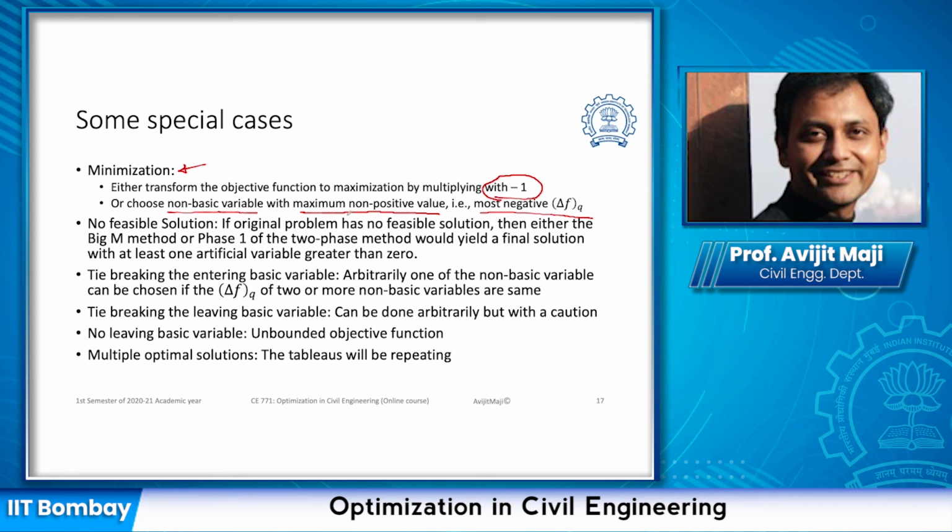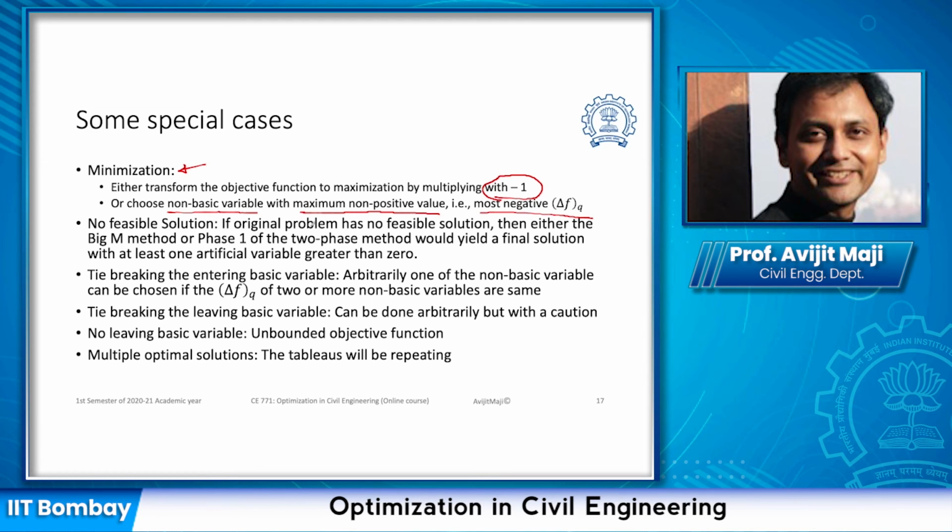In certain cases, we may also encounter a problem which may not have a feasible solution. As we had said that if we are unable to find out a feasible solution, we are not very sure how to start with the feasible solution. In that case, we introduce the two-phase method or the big M method.